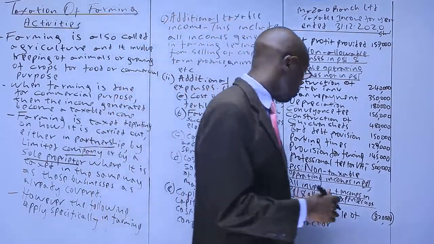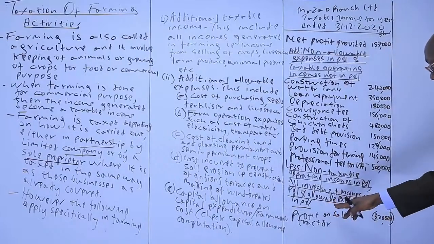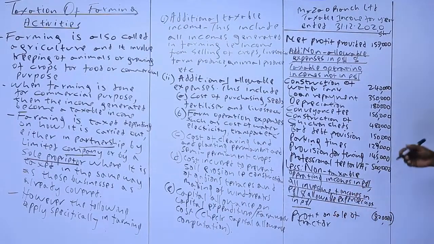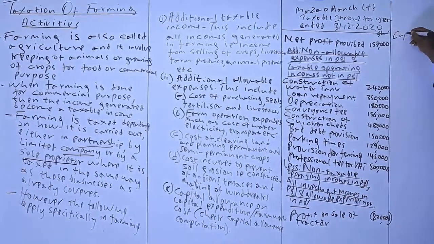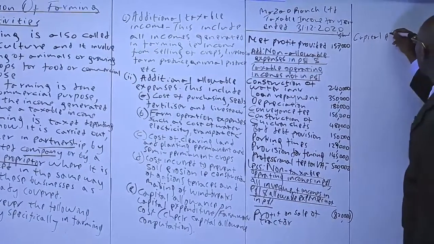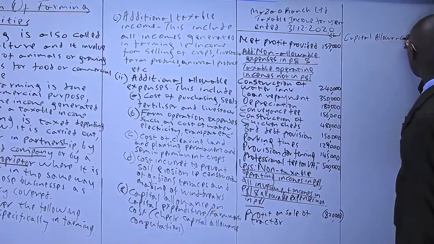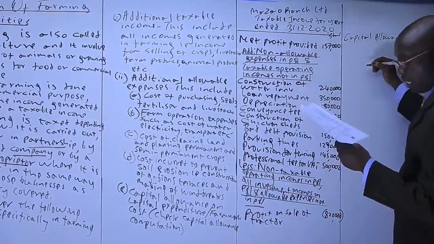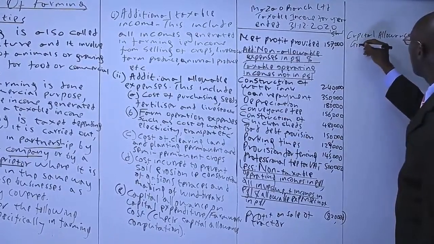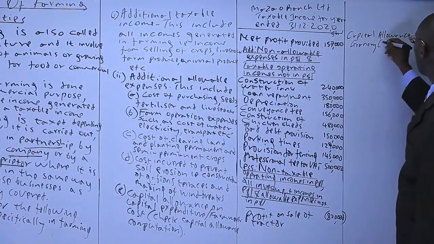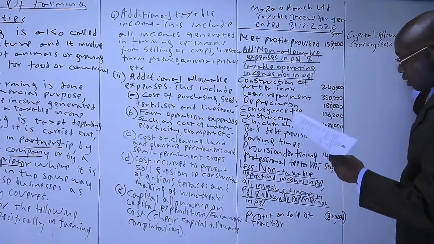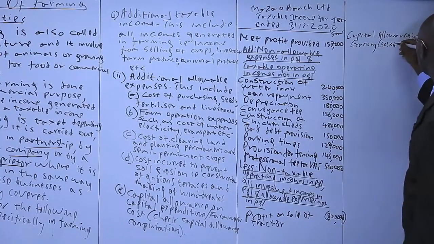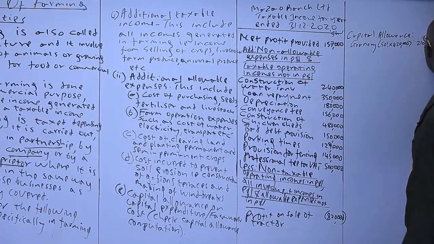So we claim them. We are continuing here, looking for allowable expense not in P&L. So we have capital allowance. Capital allowance on granary, which should be 50% of 420. That will be 210,000.